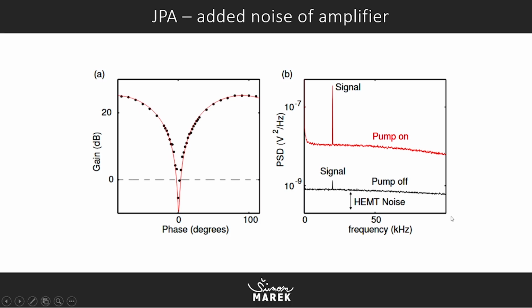With the pump signal off, we will have very low noise, which is basically the noise from the previous device, which is the RF amplifier, a classical HEMT amplifier, which is very low, but also the signal we need is very low.